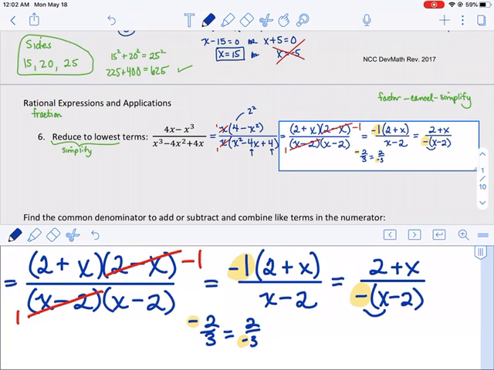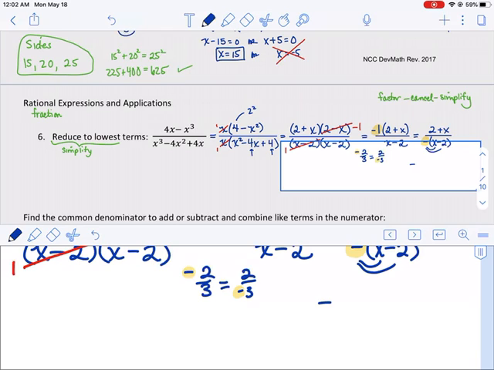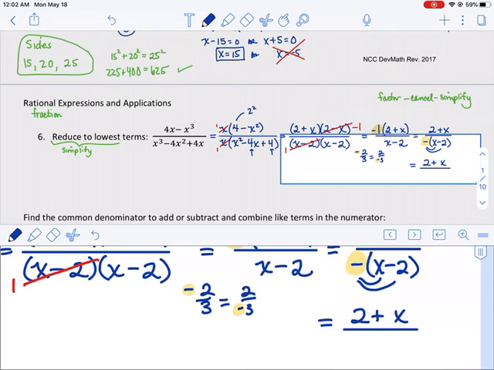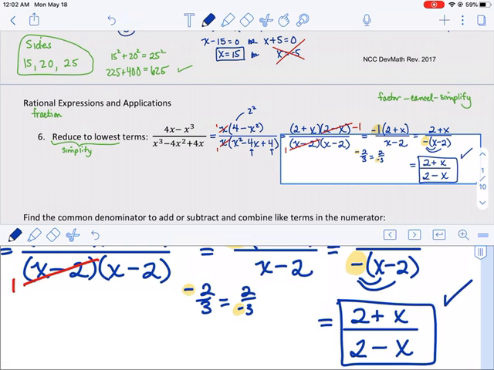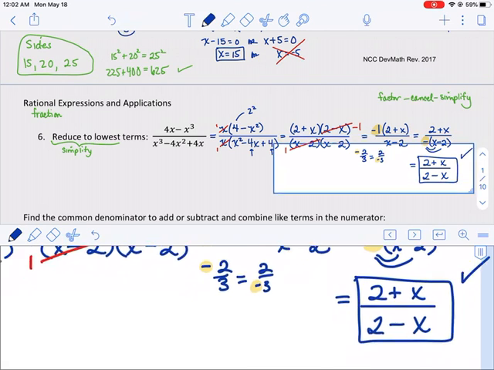Now, what I'm going to do is distribute the negative sign here, and I'm going to keep the top as 2 plus x, and then the bottom, I'm going to rewrite as 2 minus x. So this is the lowest terms for that fraction. I don't know why that happens when I do that, but there you go. Okay, that's the lowest terms.